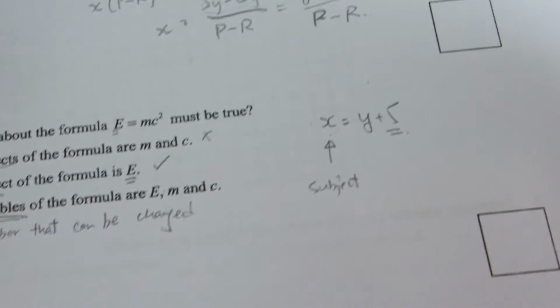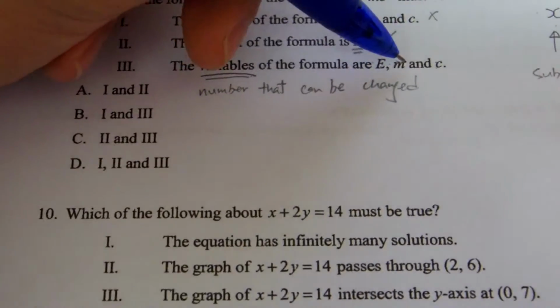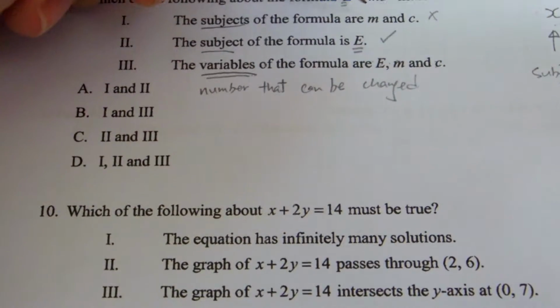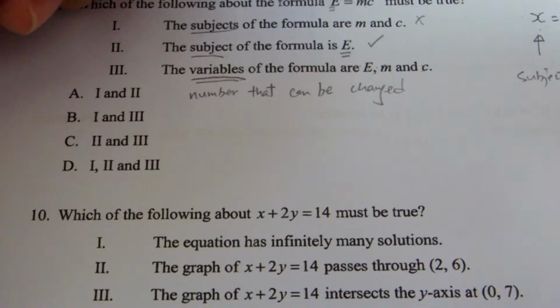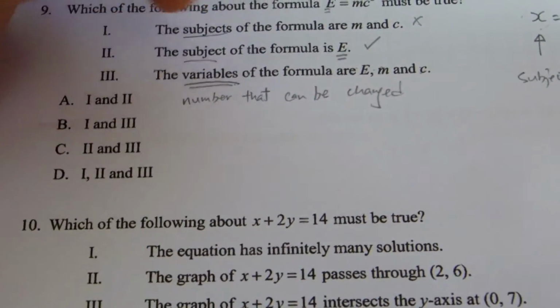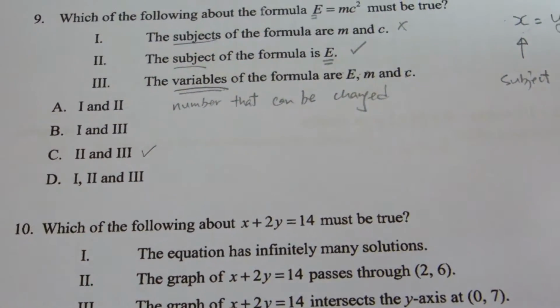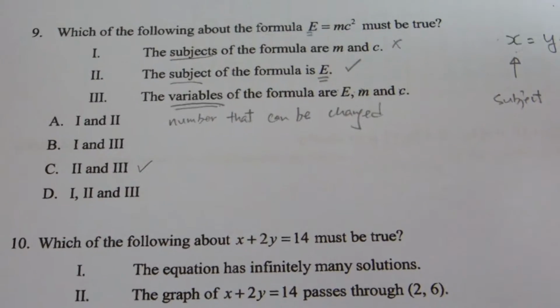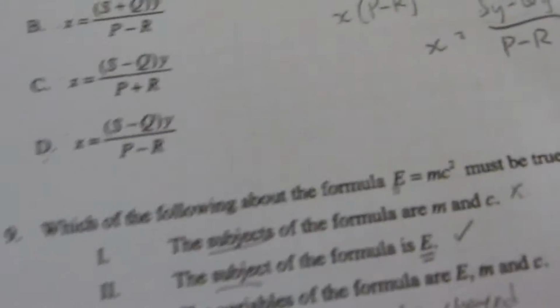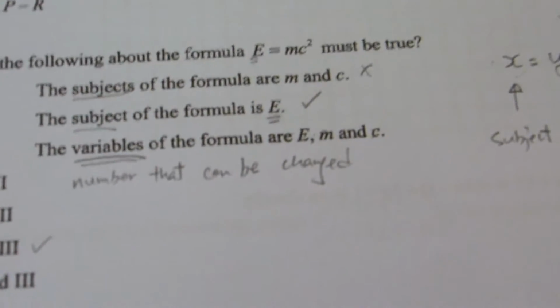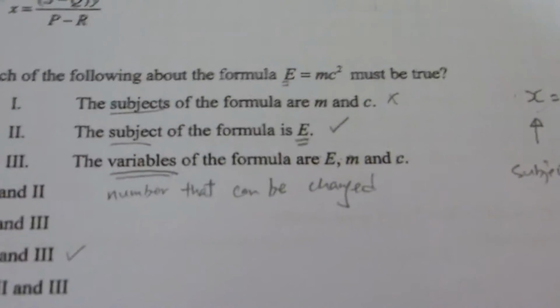These all, I mean E, m, c, can be changed, right? So the answer should be C. Well, some of you may argue about C. For here, because we are testing mathematics, ignore the speed of light. Just take it as a variable c.